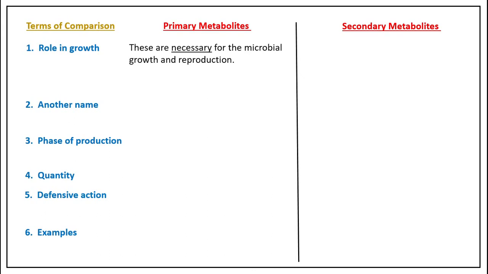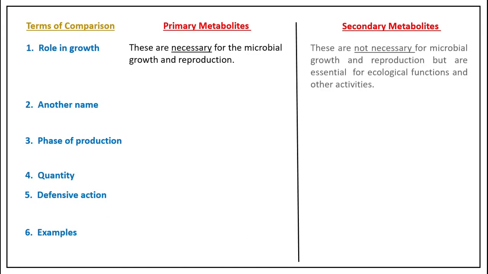This we are very much clear from that growth curve picture, that they are synthesized during log phase, exponential phase, and are contributing towards growth and reproduction of microorganisms. Secondary metabolites are not necessarily involved in the growth and reproduction, okay, but are essential for ecological functions and some other activities. So what kind of functions and activities, that will be clear to you when we will be talking about examples in point 6.